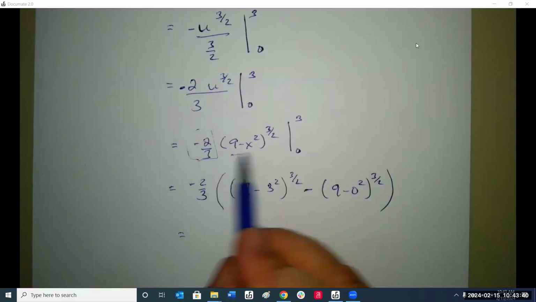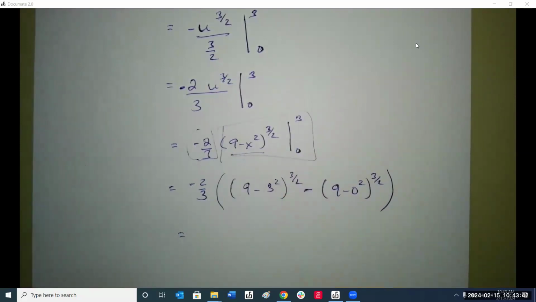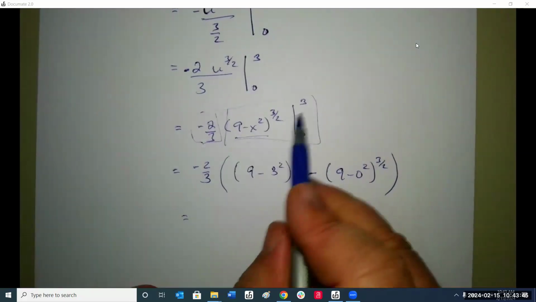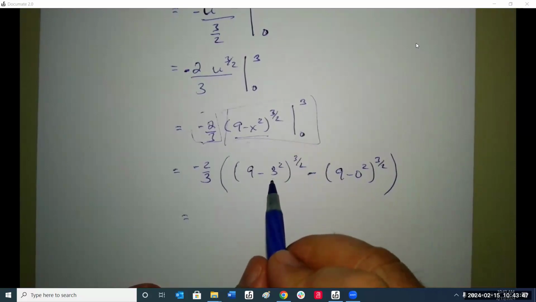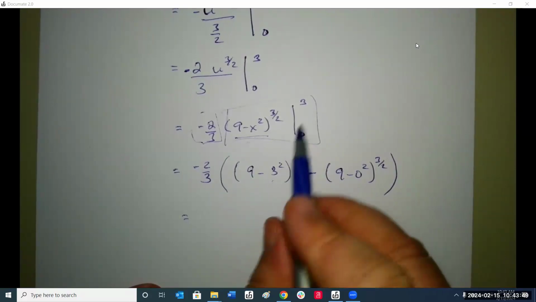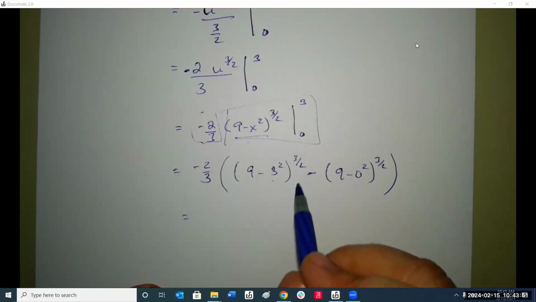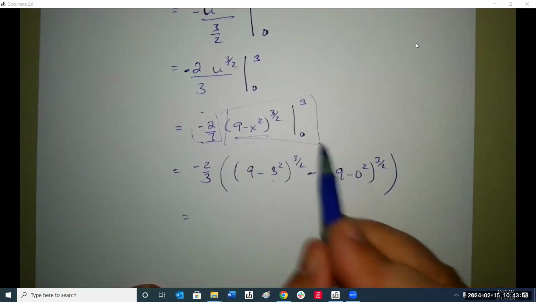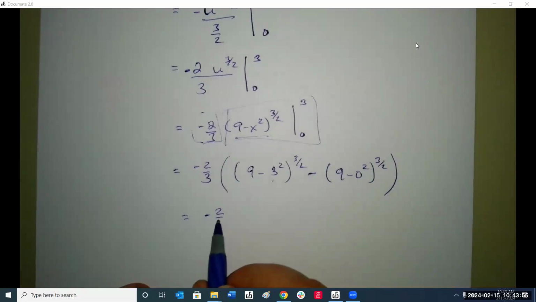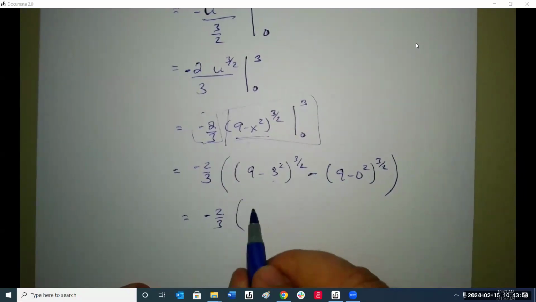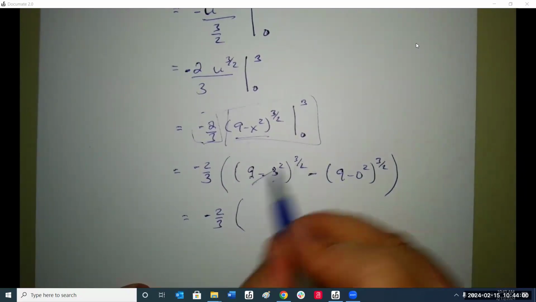I'll put that in front and just work this out. So we get 9 minus 3 squared, to 3 halves, minus 9 minus 0. 9 minus 9 is 0.